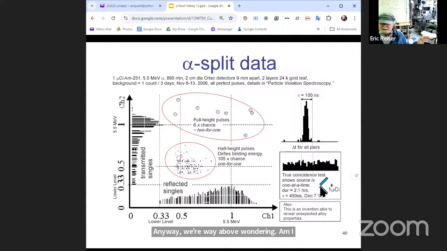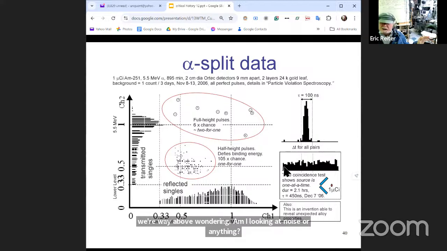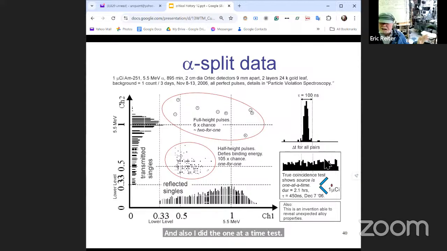And also, I did the one-at-a-time test, and I could see that that worked. They know that it emits one alpha ray at a time in this radioisotope. And here's the time window I used. So we're getting 2 for 1 from the atom, splitting the atom like a wave and showing it's not a probability wave.